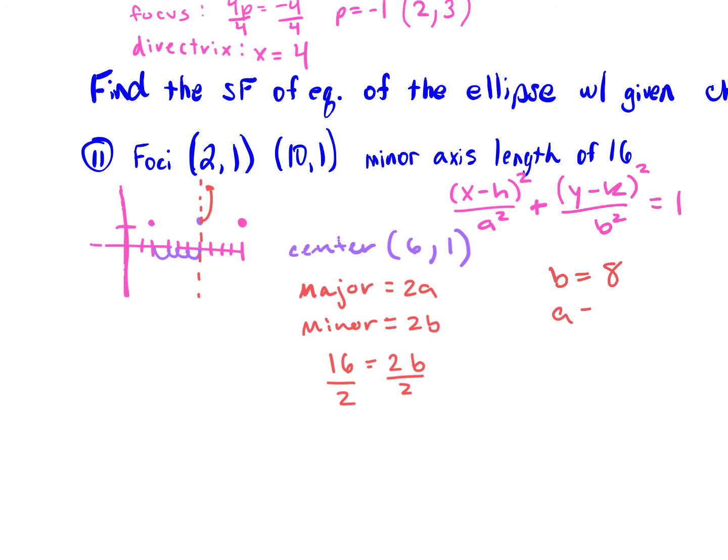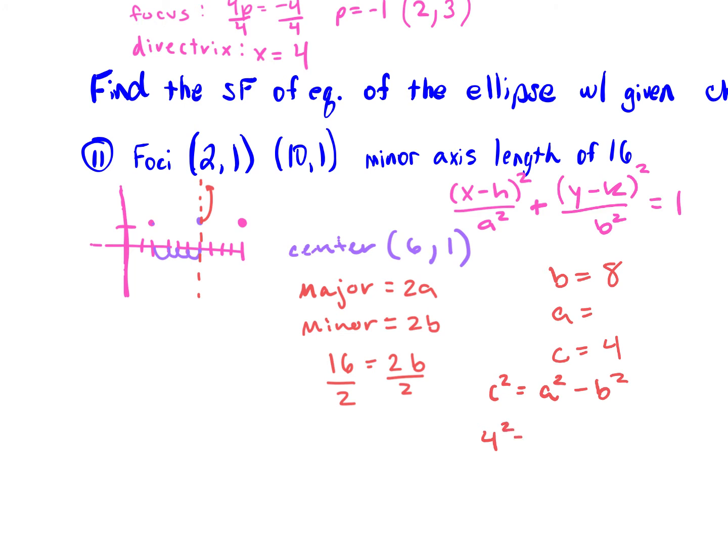We need to find A and C also. C always comes from the foci. C is the distance from the center to the focus, so what's the length of C? 4. And then now that we're only missing one, we can just plug these into our formula. So we have C squared is equal to A squared minus B squared.